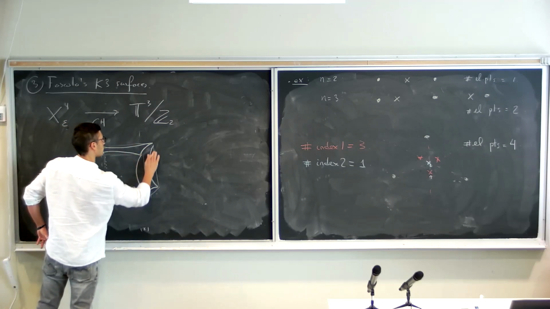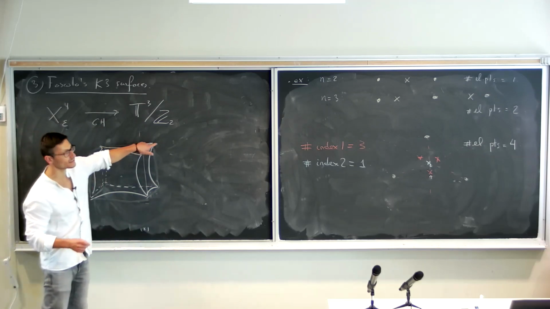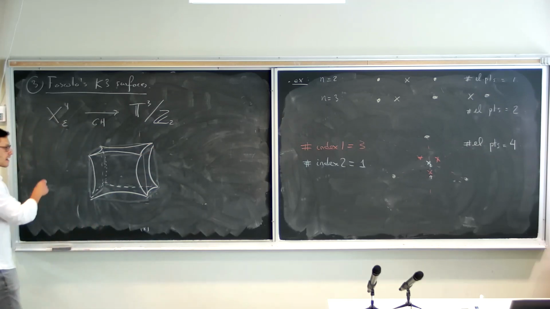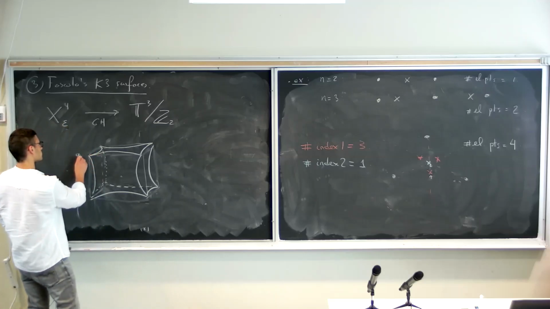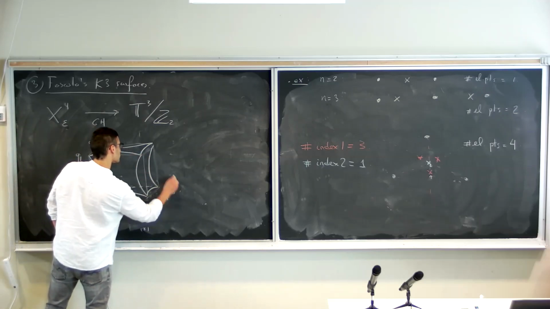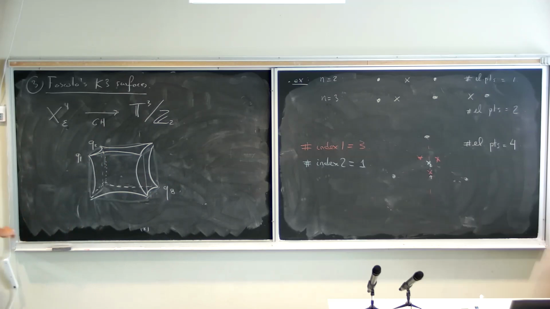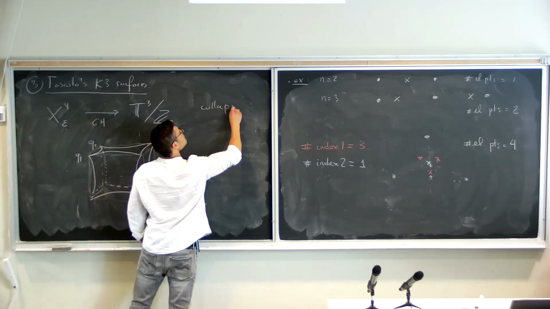So that's a quotient of the 3 torus by Z2. There are these 8 fixed points of the action. So let's call it Q1, Q2 up to Q8. So this is the collapsing in codimension 1.